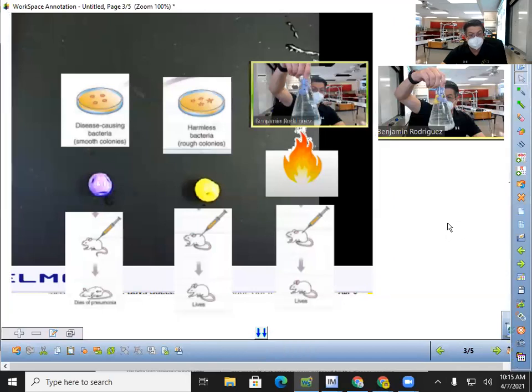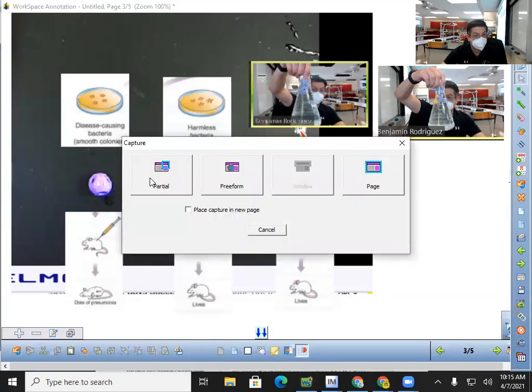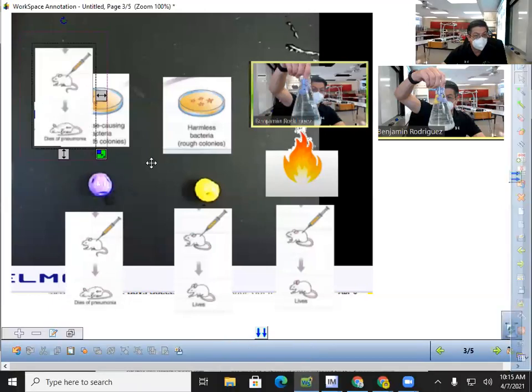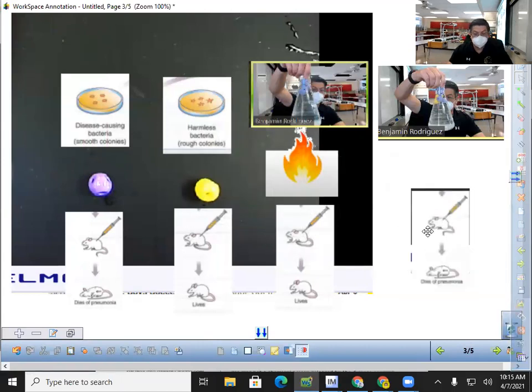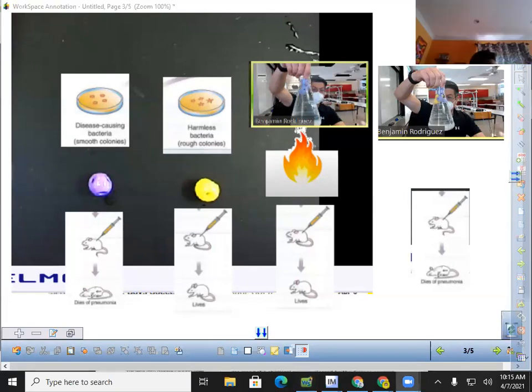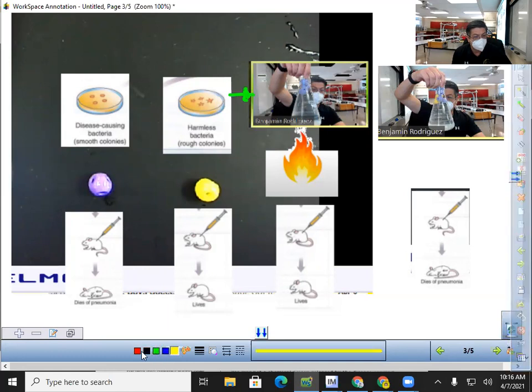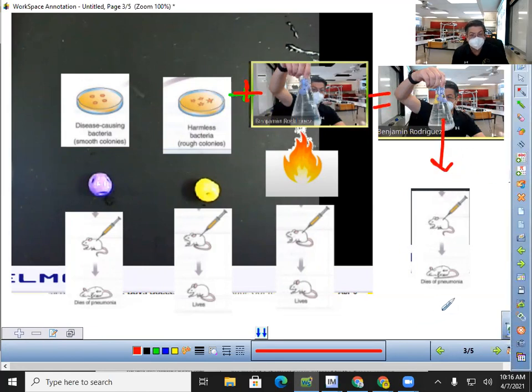The mice actually did what? They died. So when he added the heated killed bacteria and mixed the two together, when he took these two guys, this guy and this guy, and added them together to give you this stuff, it got injected, and the mouse died.